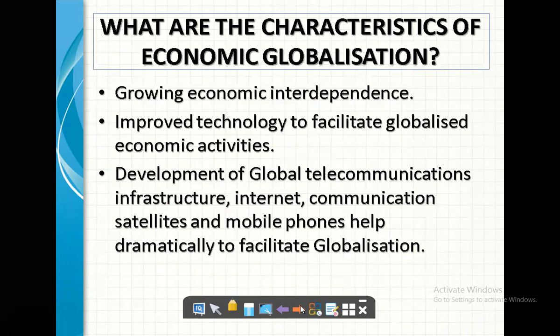So the characteristics that we went through are for general globalization. What about the characteristics of economic globalization? Growing economic interdependence, we have said that already. We have improved technology to facilitate globalized economic activities, and development of global telecommunication infrastructure: internet, communication satellites, and mobile phones help dramatically to facilitate globalization.